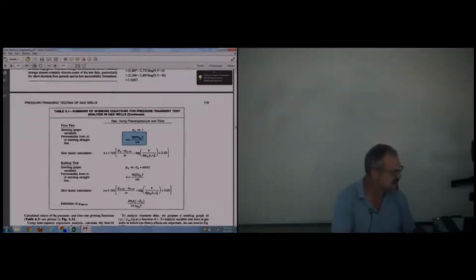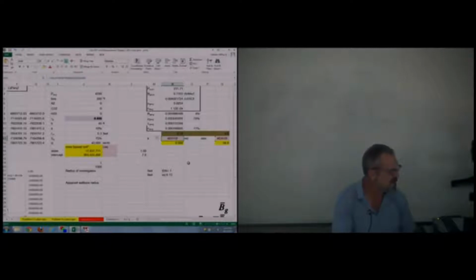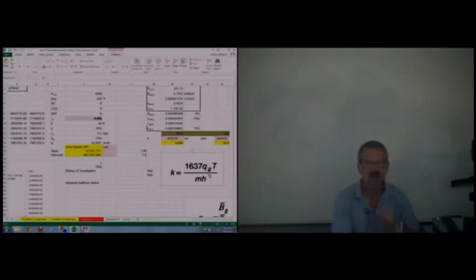It's a much simpler equation to use because we lost the B sub g and the mu sub g. The change in Z and viscosity are built into the fact that we're plotting pseudo pressure, which incorporates the changes in viscosity and Z factor as we go.